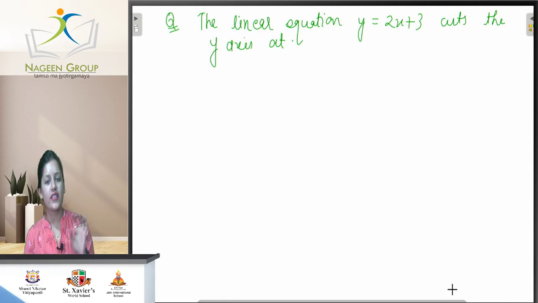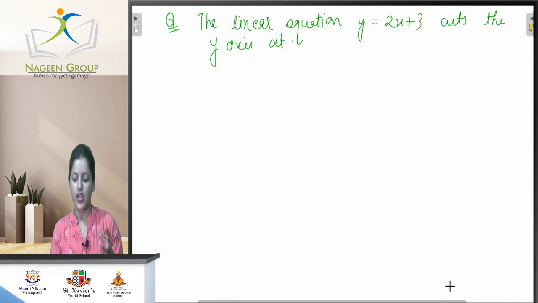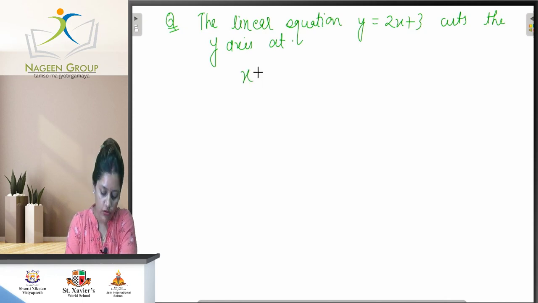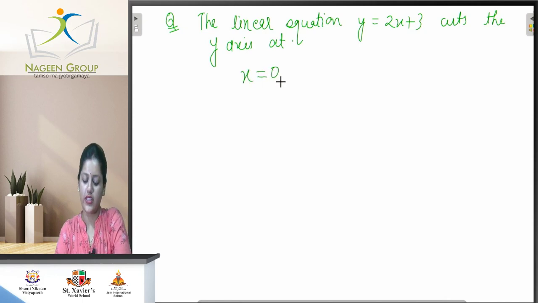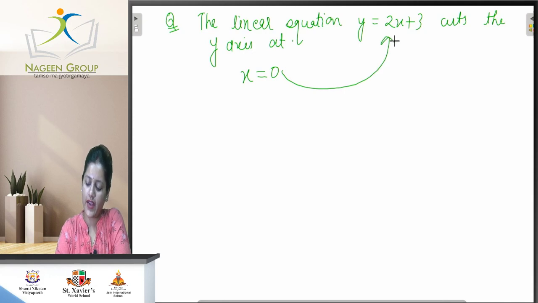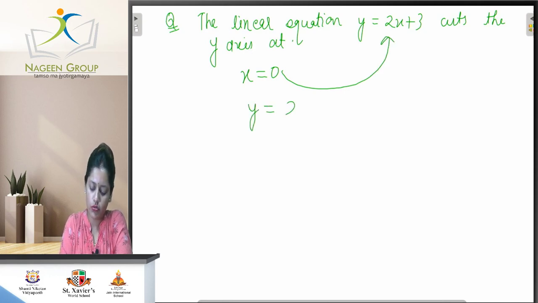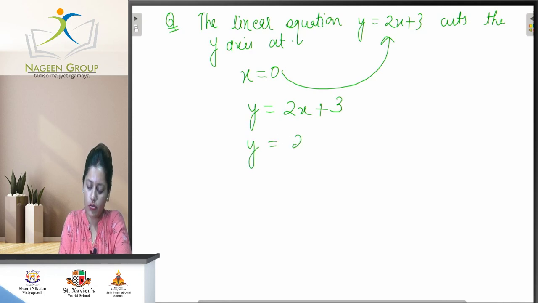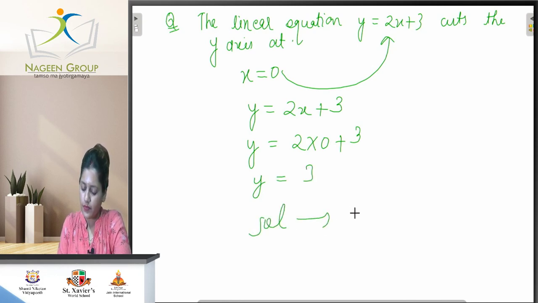If it cuts the x axis, then y is equal to 0. Here it is given that it cuts the y axis, so x is equal to 0. In the same way, in y is equal to 2x plus 3, in the place of x we put the value 0. So 2 into 0 plus 3, that is y is equal to 3. So the solution set is (0, 3).